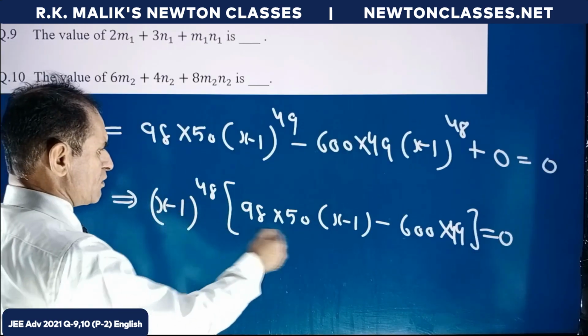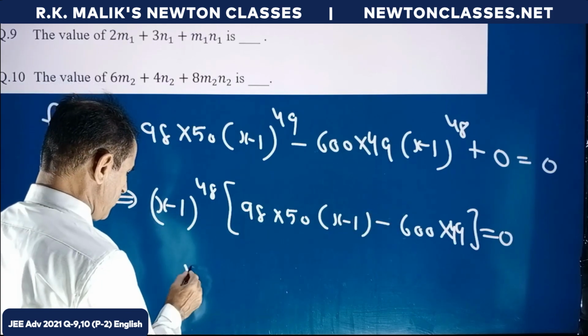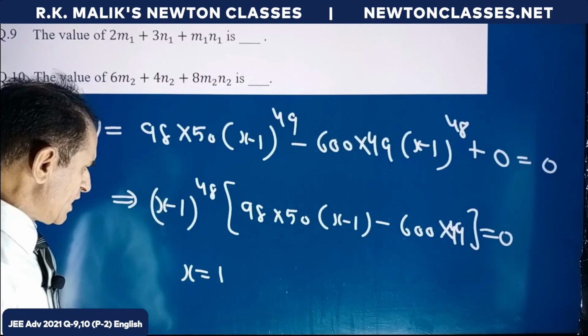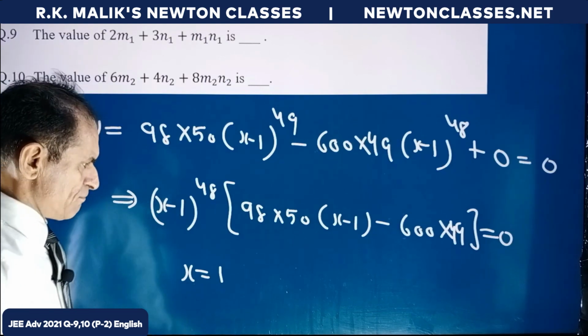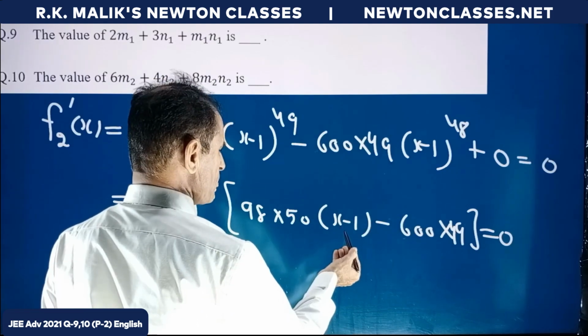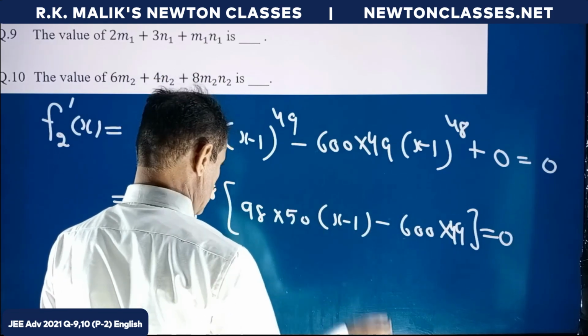It is clear that after putting it equal to 0, I am going to get 1 as a repeated root 48 number of times, and the second root I will be getting from here, and that will be only one root of this equation.